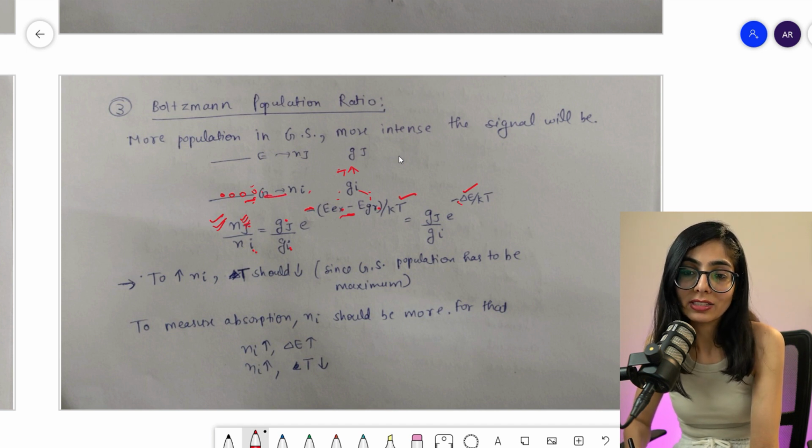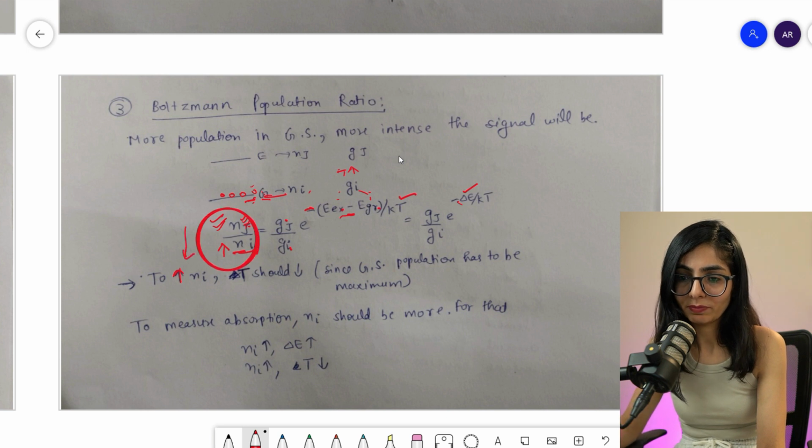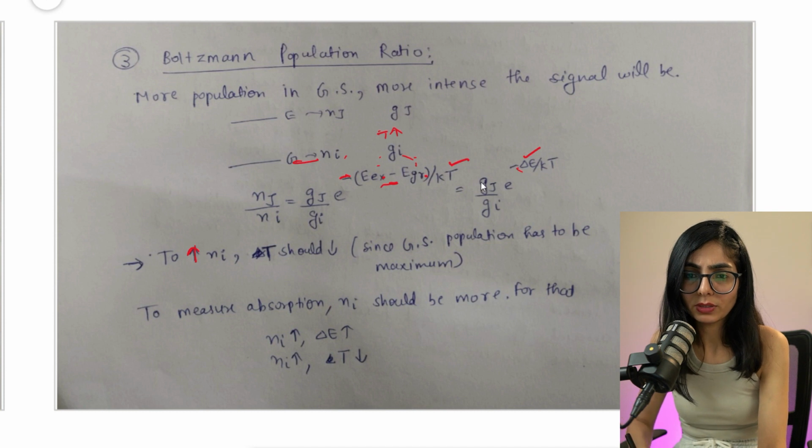So guys, Ni is the number of molecules present in the ground state. If I increase Ni, let's understand mathematically what will happen to this entire quantity. It will decrease, right? Yes, it will decrease for sure, because this number will increase in the denominator, so the entire quantity will decrease.